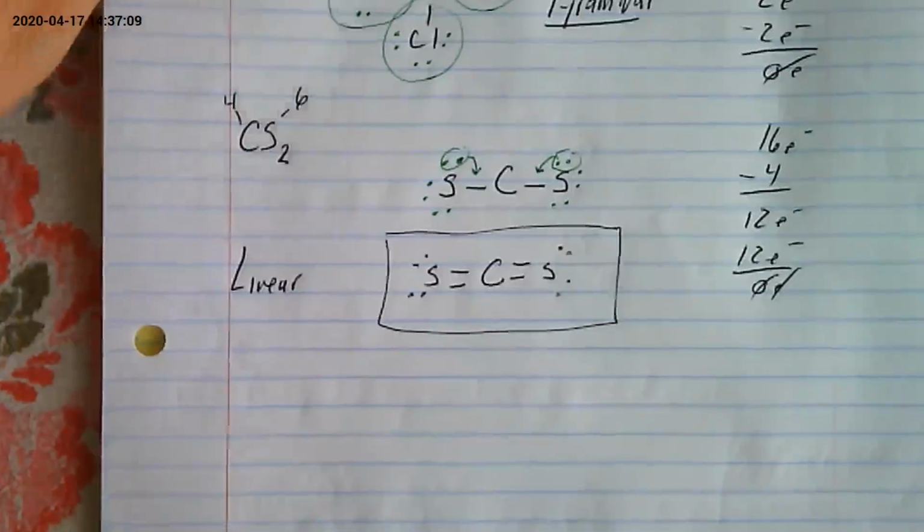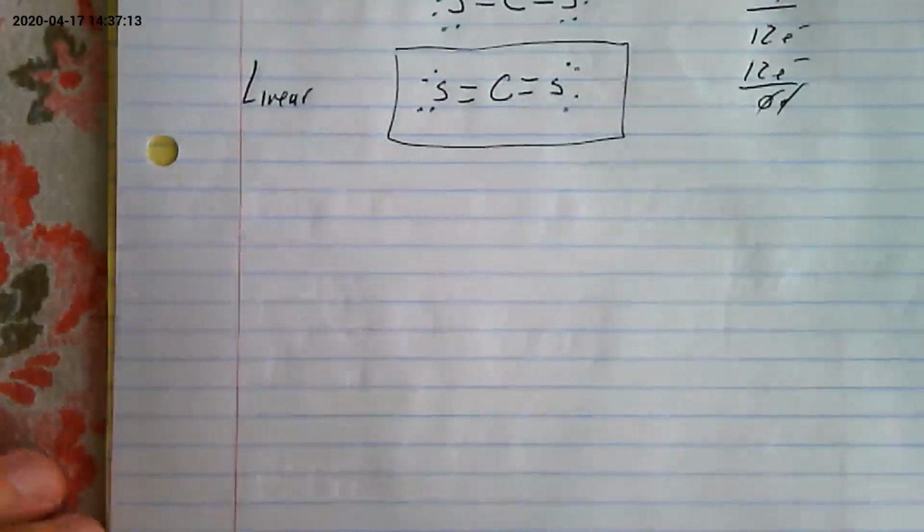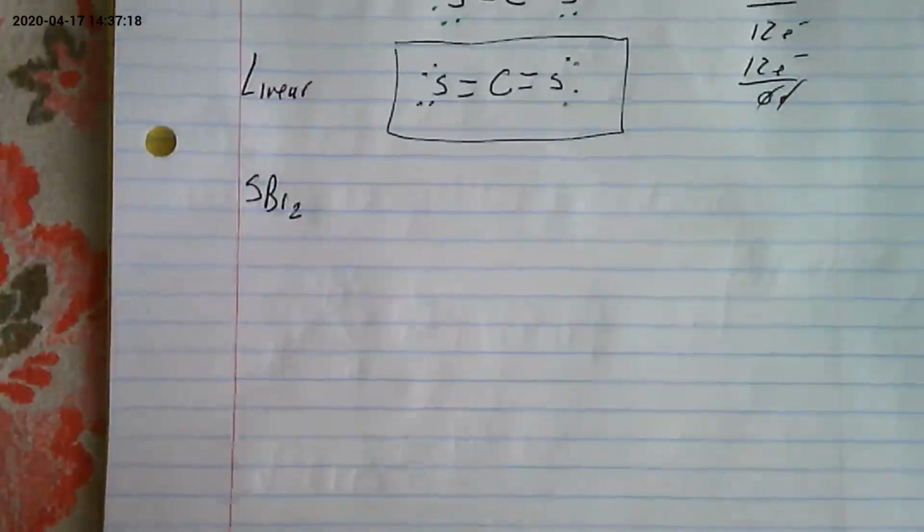You'll notice I formed a double bond on each side rather than a triple bond on one and a double bond on another, because atoms want to keep things as balanced as possible. So this would be your Lewis dot structure for CS2.